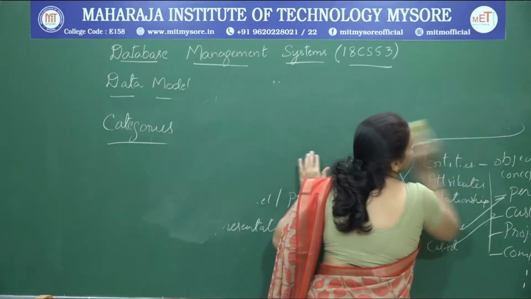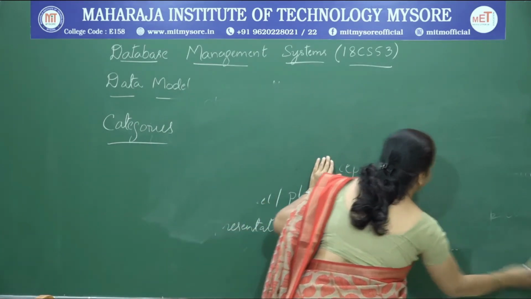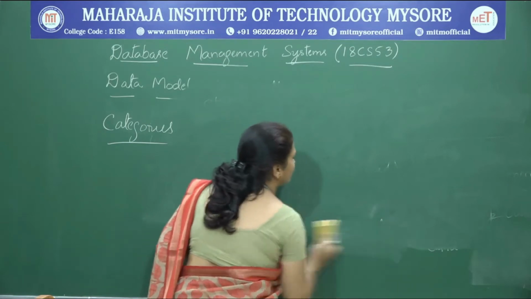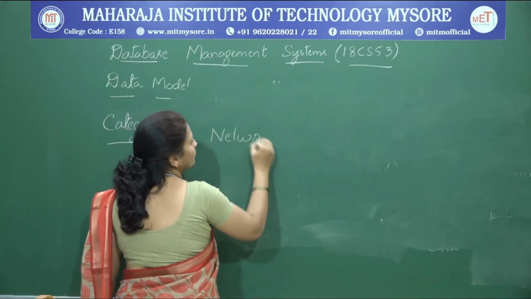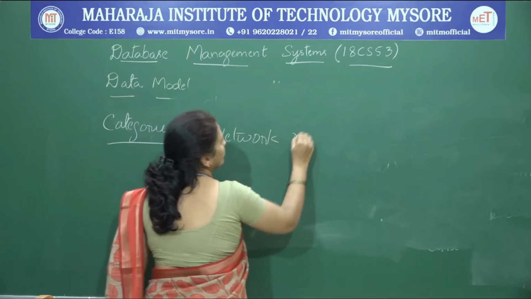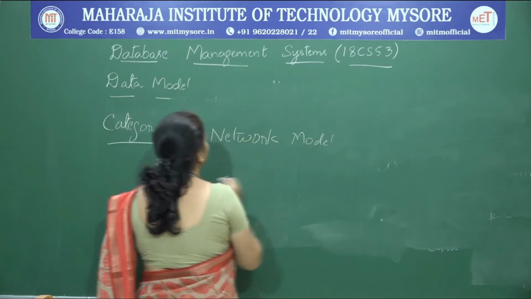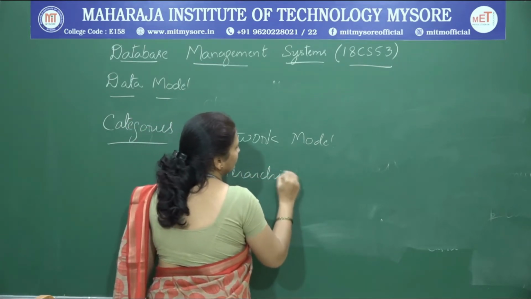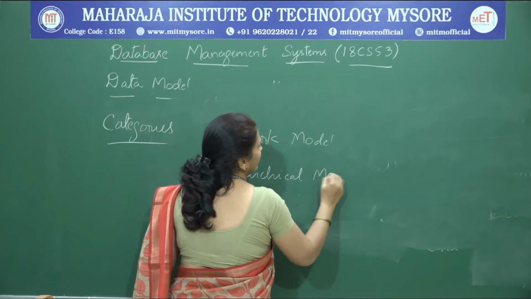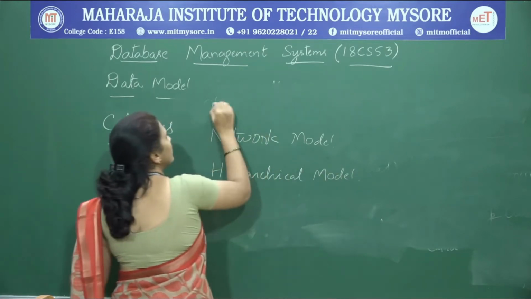I will show it. We have network model, we have hierarchical model, and we have relational database model.